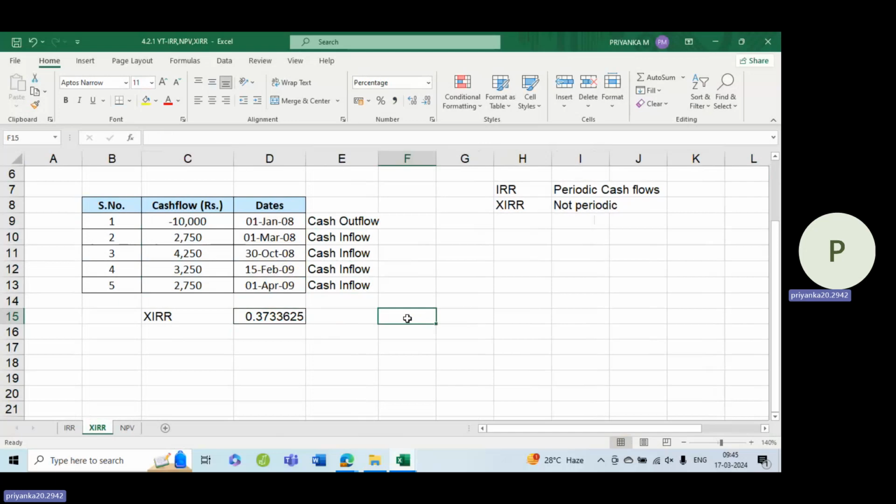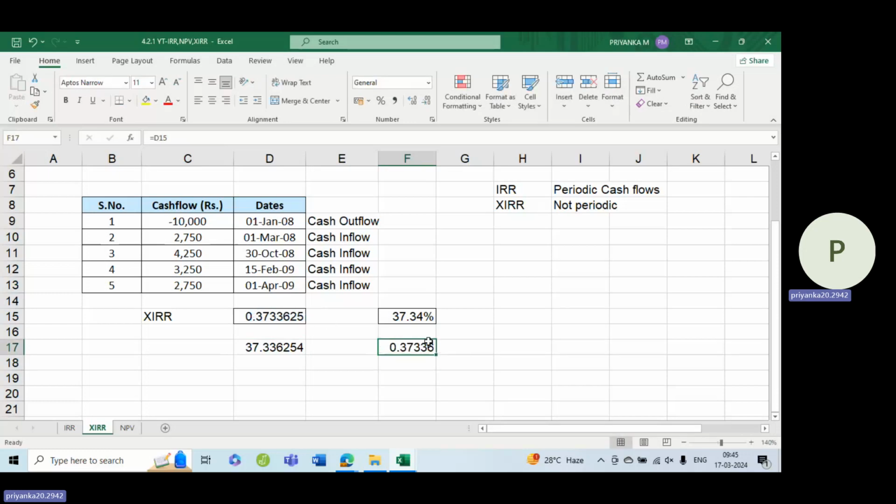To convert it into a percentage, you can just select this cell. I have already converted this cell into a percentage cell, that's why you are getting it. Let me demonstrate it for you. Equal to the cell you just selected. Either you can multiply it by 100 and you'll get a value here, or if I want it in the form of a percentage itself, just give equal to this cell and press enter.